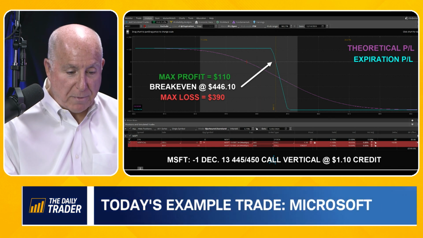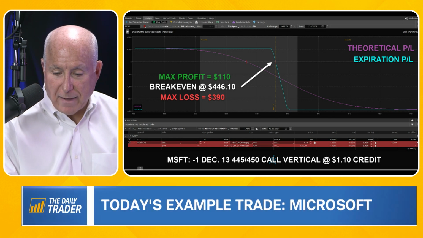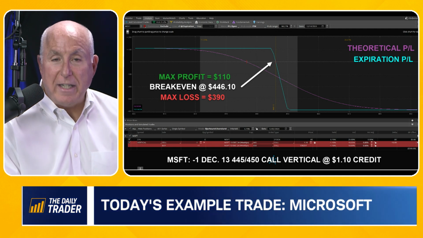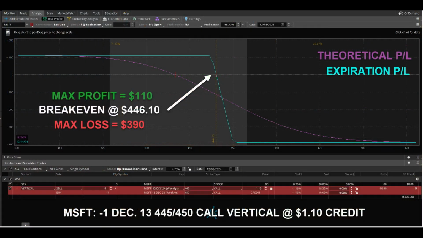Now, here's something interesting. The probability of out of the money in the 445 call is currently 73%. That means by next Friday, December 13th, the probability that the 445 call will finish out of the money is 73%. So you're trading with high probability, you're collecting theta, and your risk is defined.